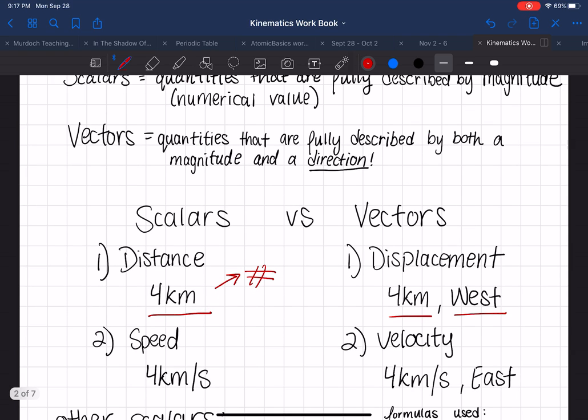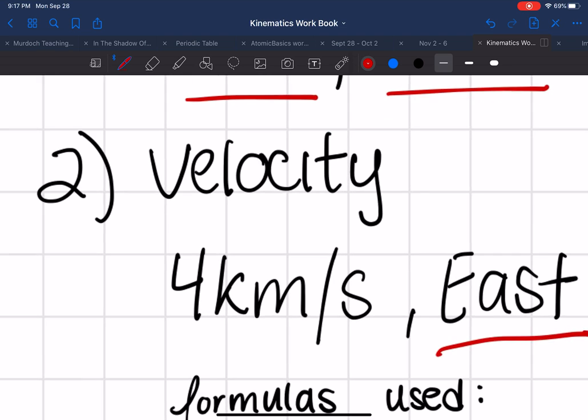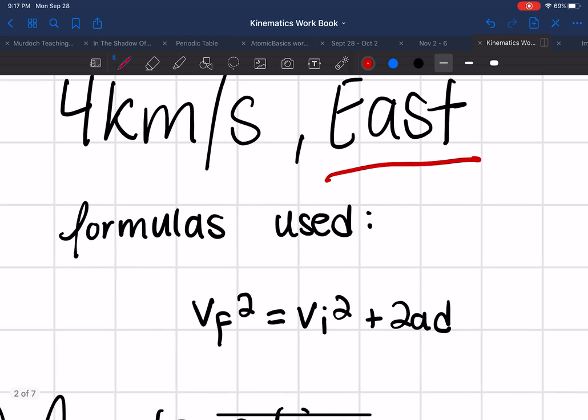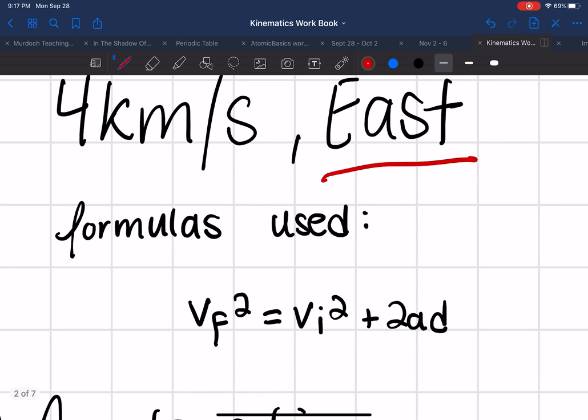Speed, again, we have that numerical value, which is what makes speed a scalar. Velocity is different because we know a direction with that speed. And we're going to be looking at formulas that were provided to you by Mr. Westwood in your formula sheet, such as velocity final equals the initial velocity plus 2 times acceleration and the distance that was given.